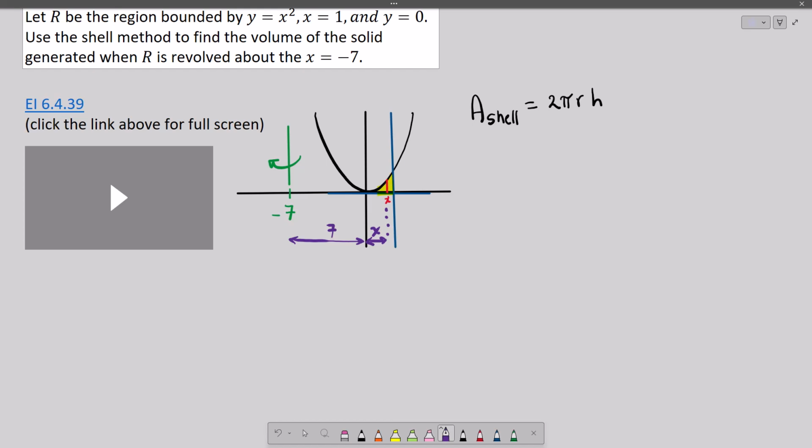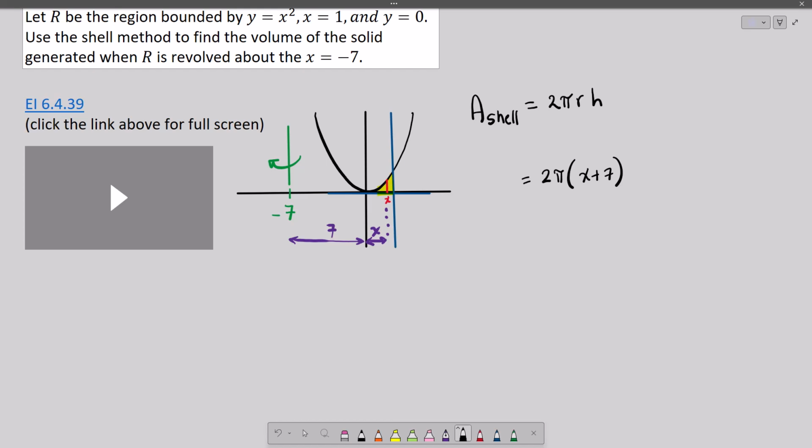X is positive, right? It's in quadrant 1. So the total distance is x plus 7. If you wanted to go back to one of our founding principles, horizontal distance is right minus left. The right x is x, the left x is -7, so x minus -7 would give you x plus 7 also. So there are a couple of ways that you can convince yourself that that distance is x plus 7.